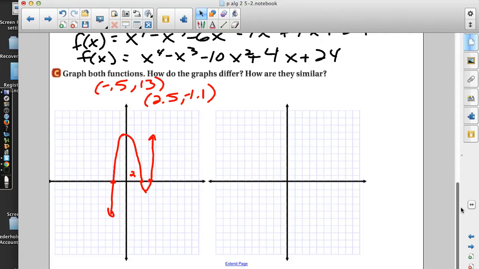Let's go by 3s. Usually I'd say let's just go by 5s and get it over with, but let's go by 3s. So 0, 24. 3, 6, 9, 12, 15, 18, 21, 24. And we had a repeated 0 at negative 2, with that end behavior.